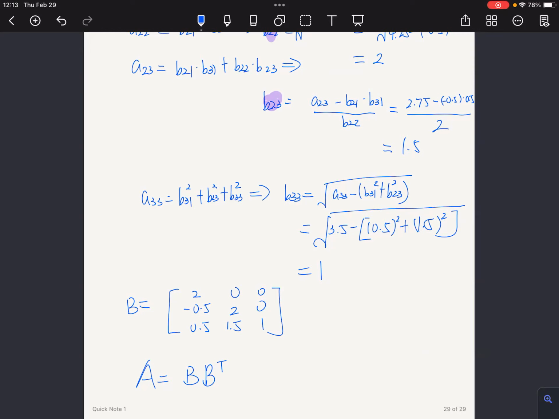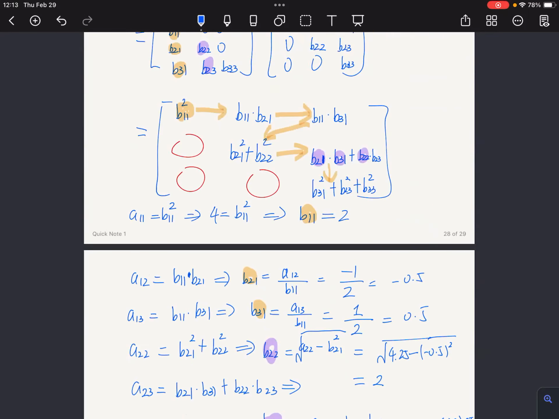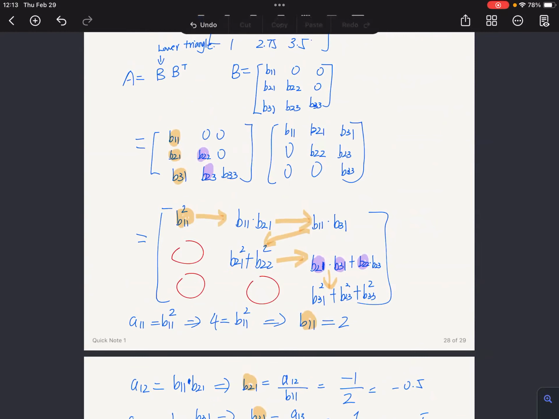So for your final exams, you can memorize the formula, or you can also do it in this way. First show the B and then the B transpose, and then do the multiplication result, and then compare the A11, A12, A13, and so on and so forth. You can do it in this way, or you can memorize the formula.